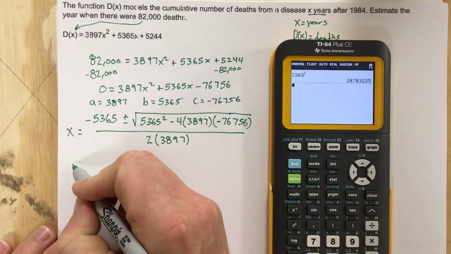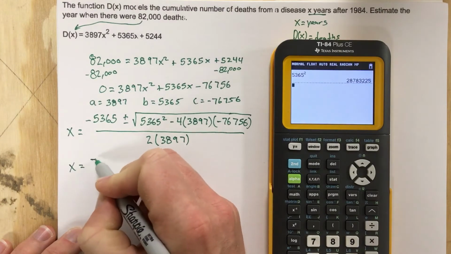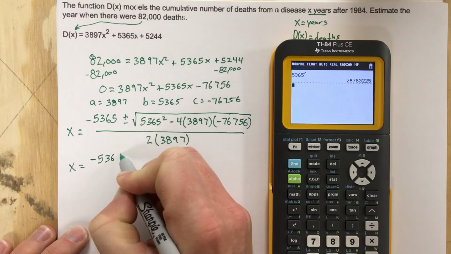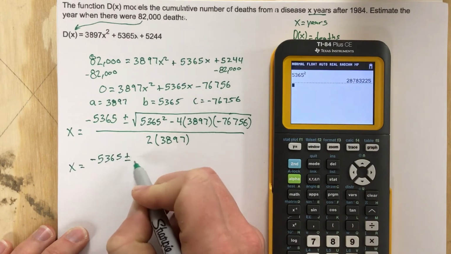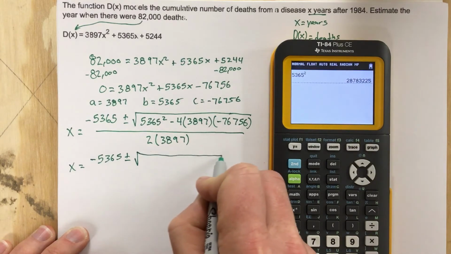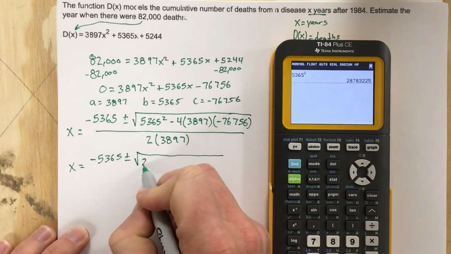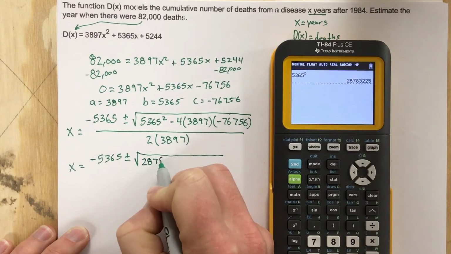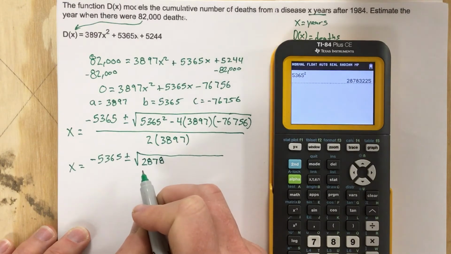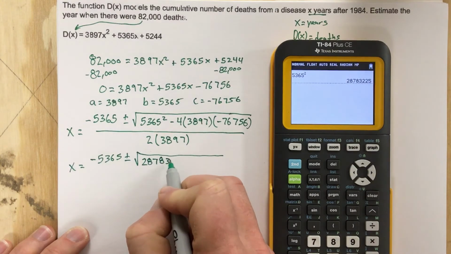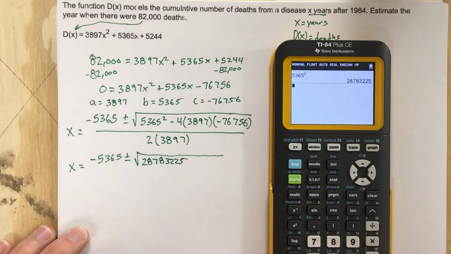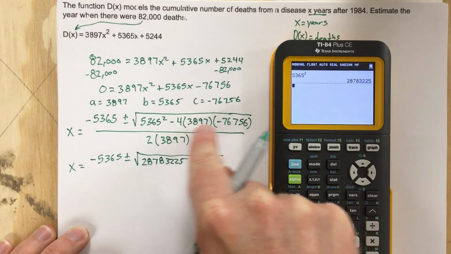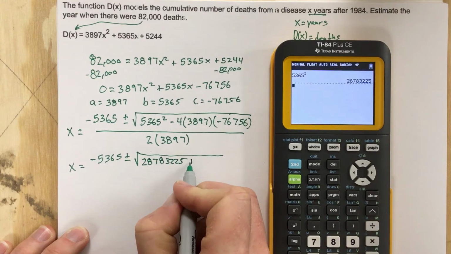And we get x equals negative 5,365 plus and minus the root. And this will be 28,783,225. This will be a plus because of the two negatives.